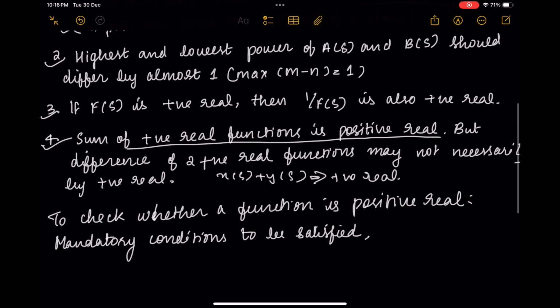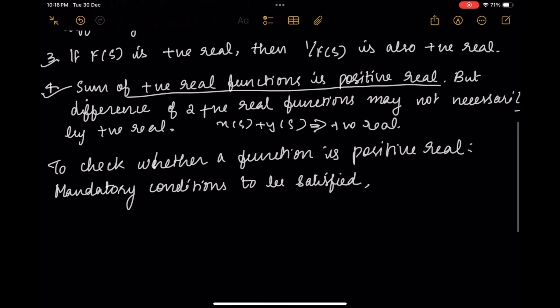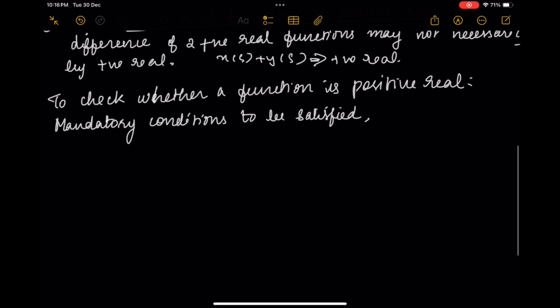Now we have discussed the four conditions for a function to become positive real function. Now we'll move on to how to find whether a function is positive real or not. For that we have to consider four things. First of all, as we said earlier, it should be a Hurwitz polynomial.